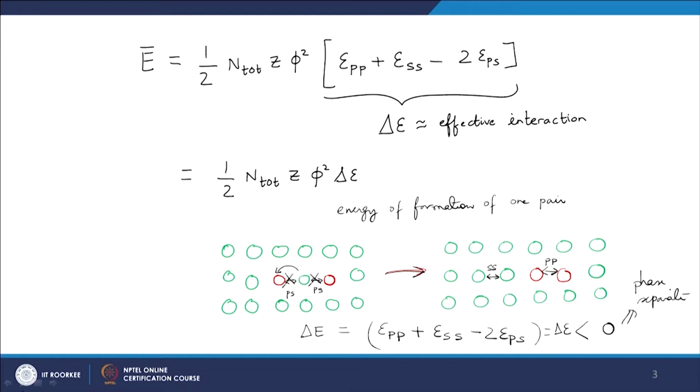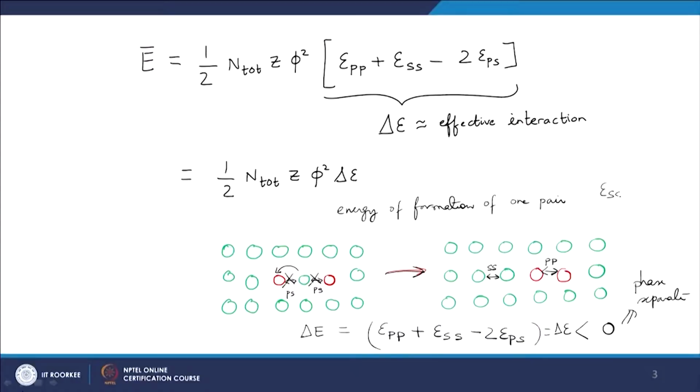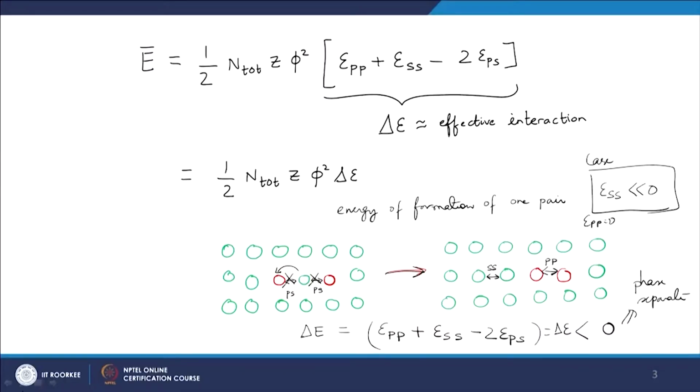Now what is interesting here is that the phase separation, or the delta epsilon, is not really dictated by the solute interactions alone, it is also dictated by the solvent interactions. So what happens, for instance, if epsilon SS is very negative, and let us say epsilon PP is 0, epsilon PS is also 0 or close to 0?